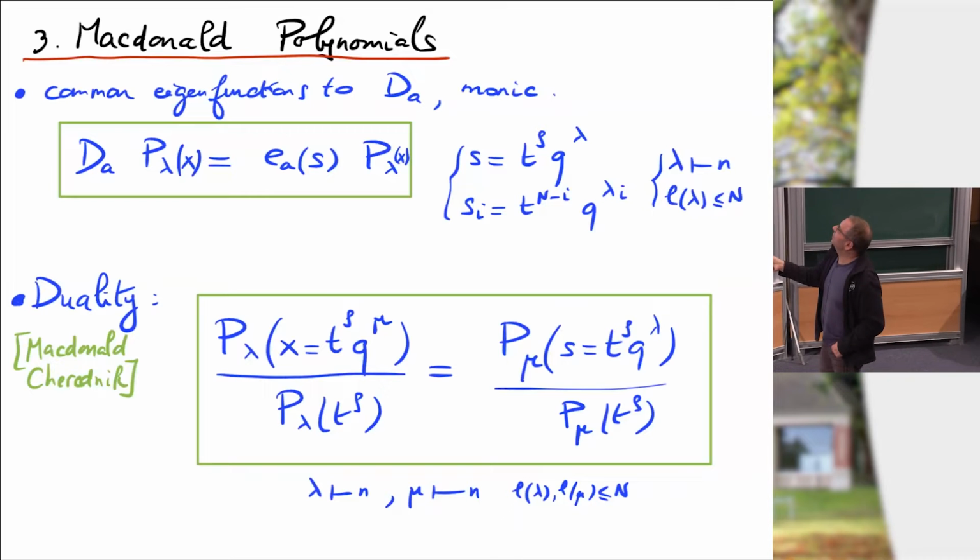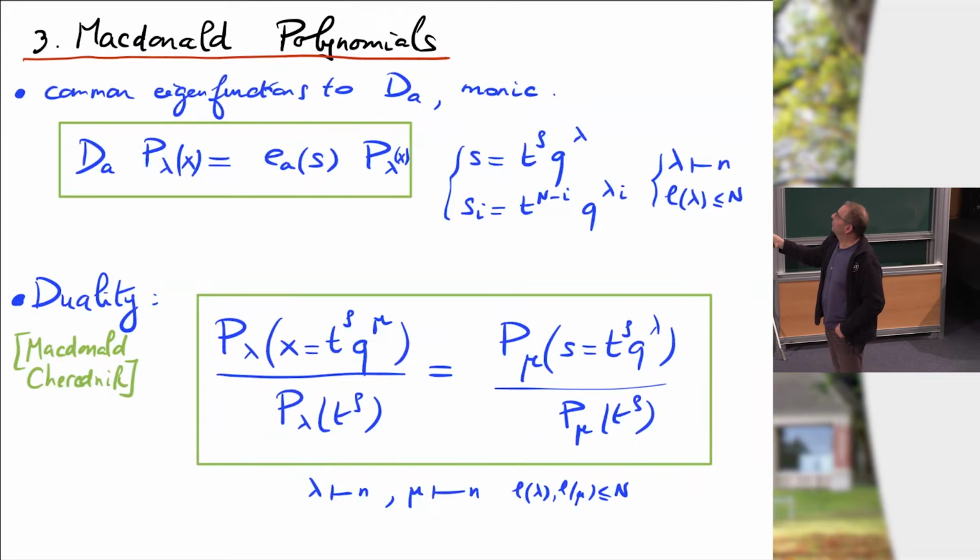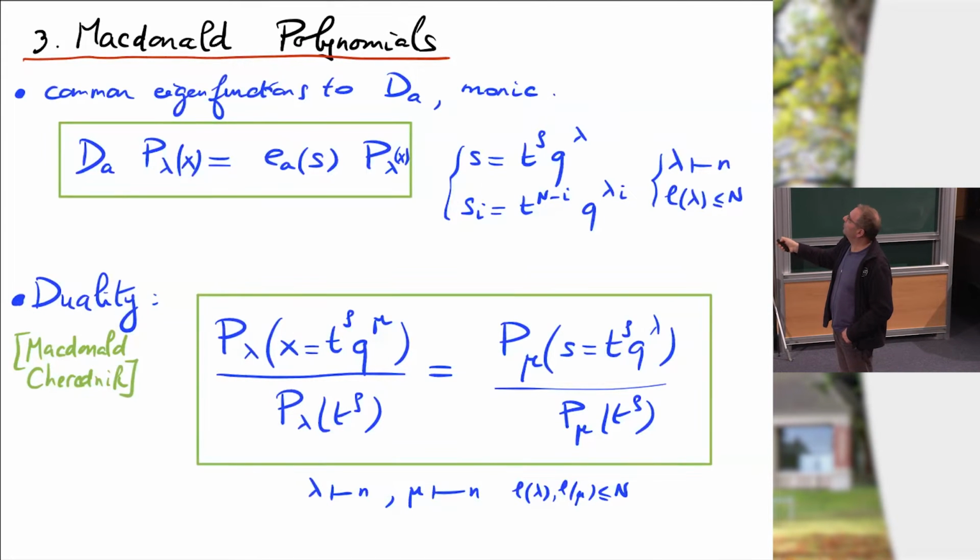So the P_lambda, the common eigenfunctions, I normalize them so that they are monic polynomials indexed by partitions of some integer n. And these are the eigenvalues. They are elementary symmetric functions of the variables s, and s is just built out of lambda.